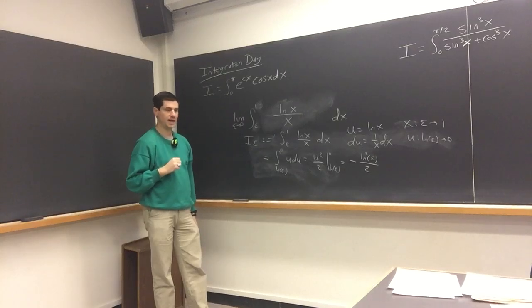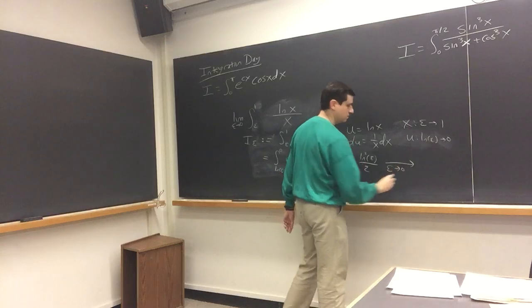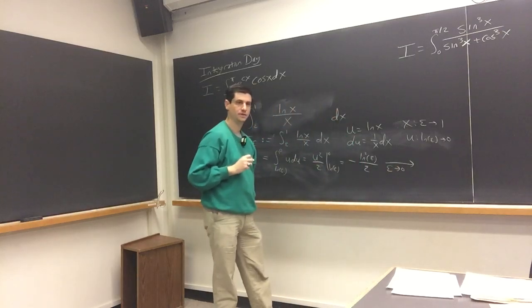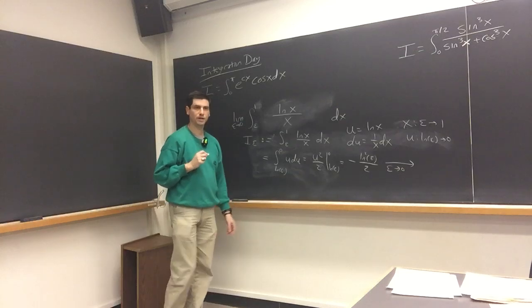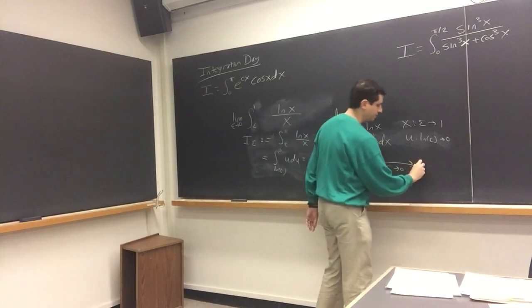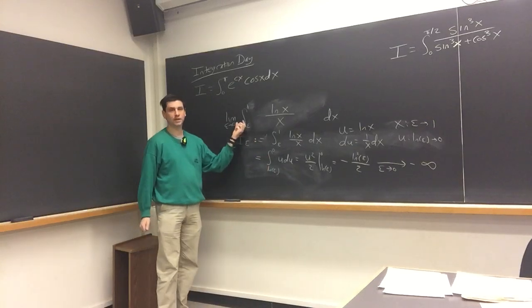Right? And as epsilon goes to 0, what would this go to? Negative infinity. So unfortunately for this problem, the blow up is so bad at 0, it's no longer integrable.